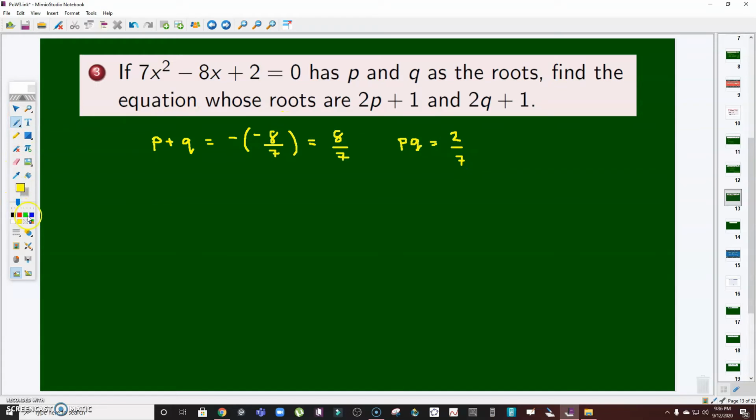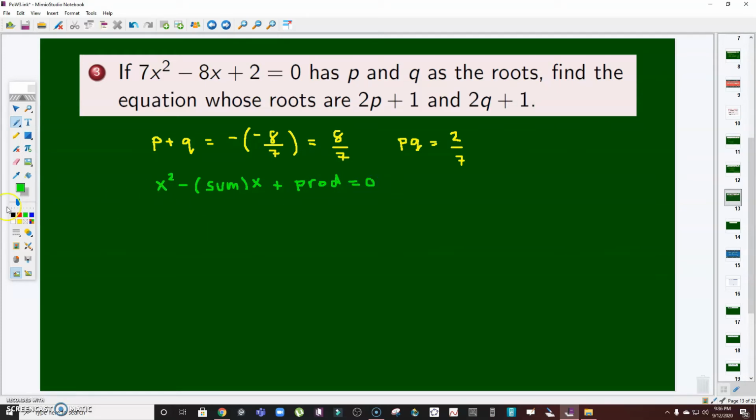Okay, take note. This concept: x squared minus the sum of the roots plus the product, that's equal to 0.